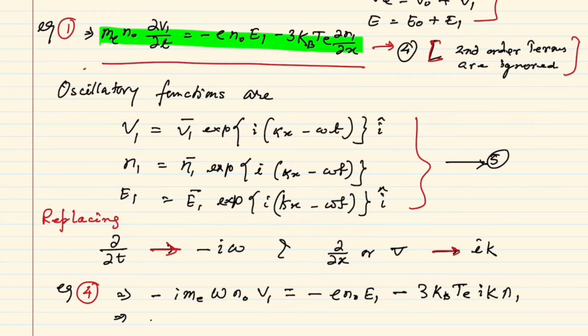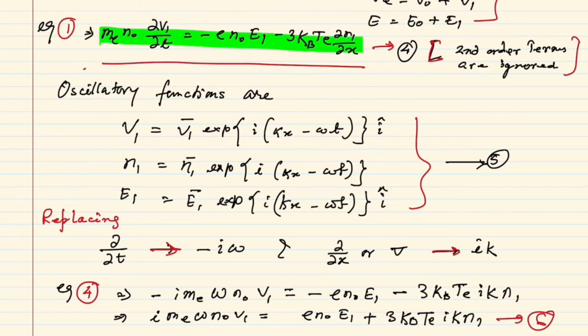Then the negative terms will become positive, and all the terms will be positive because we have multiplied minus 1 on both sides, and doing so we have got this relation, plus 3 k B T E i k n1. Suppose this is equation number 6. So let me write here, this is equation number 6. Now scroll down the page.